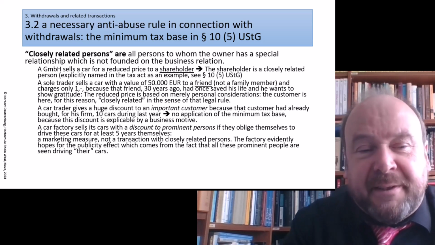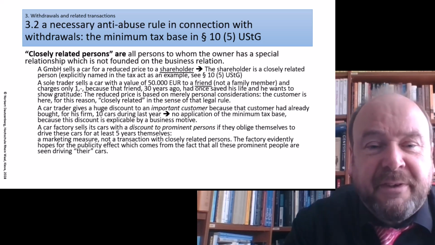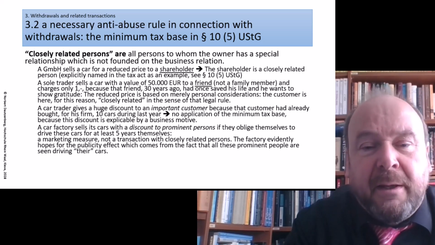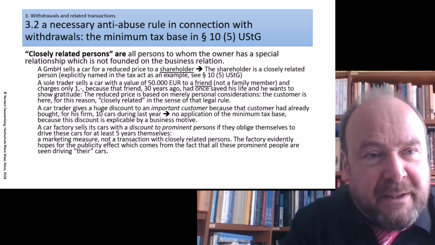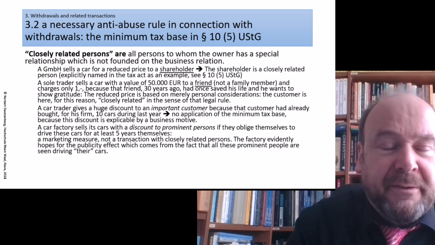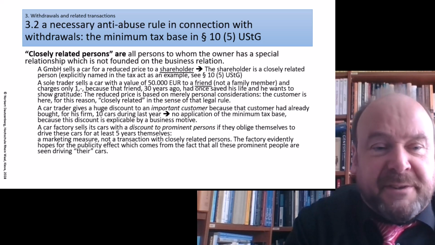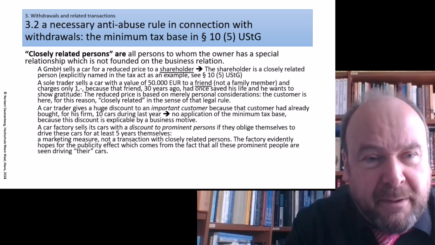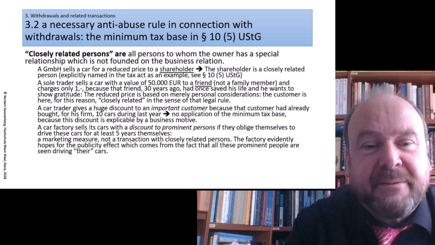So, if you sell a car for a reduced price to your shareholder, then 10.5 says, please test me. Shareholders are even explicitly mentioned in the law. So, if you are a sole trader and you sell a car with a value of 50,000 to a family member, 10.5 clearly is triggered.